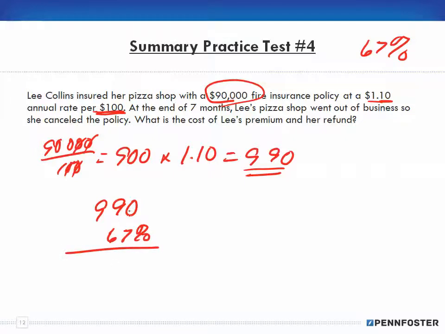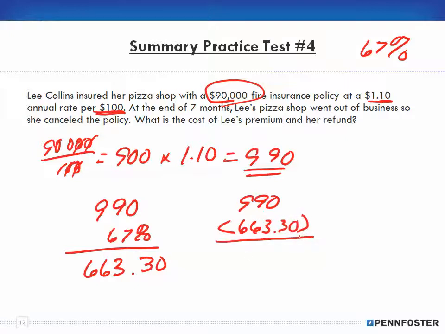Okay, so 67% of the 990 is $663.30. Okay, so now to figure out the refund, we take the 990 and we subtract out the 663.30, and that gives us 326.70 is what her refund is.